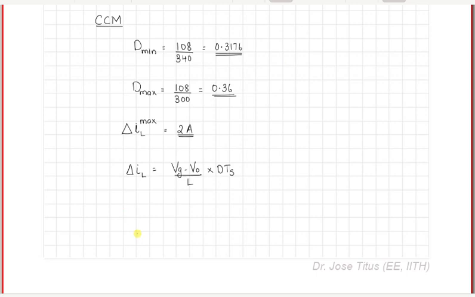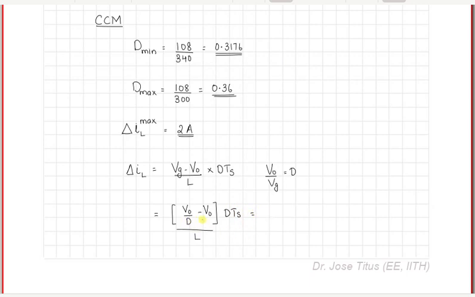So we need to recast this in a different form where it becomes clearer at what value of D we have maximum delta IL. We can do this by using the relation Vo by Vg, which is D. If you substitute this, Vg is then Vo by D, so you have Vo by D minus Vo, divided by L times dTs.